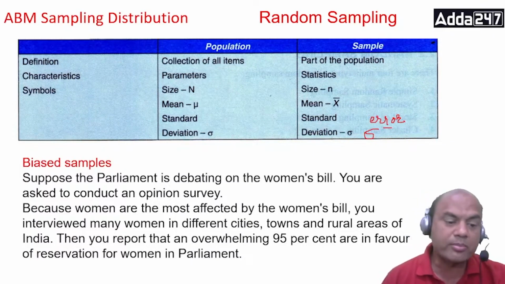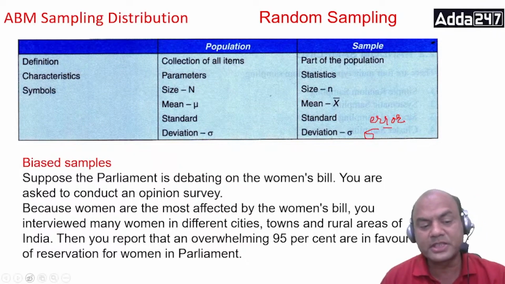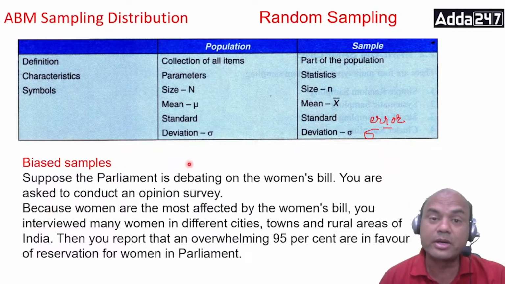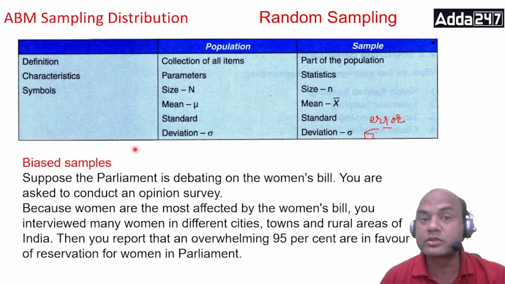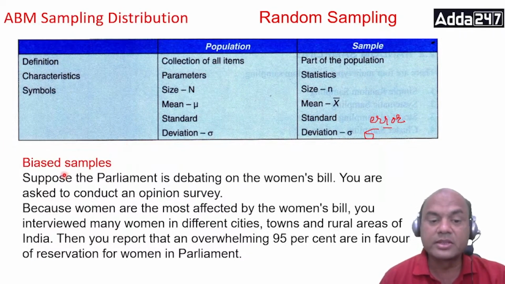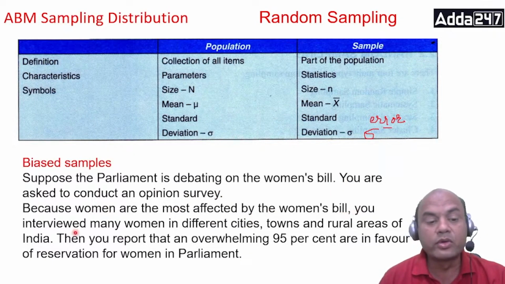Now what are biased samples? Bias means what here? We always say, this person is biased. My boss is biased. This is a general statement given by us, right? Boss is biased towards some employees. You have seen this? Suppose the parliament is debating the women's bill. You are asked to conduct an opinion survey. Because women are most affected by the women's bill, you interviewed many women in different cities, towns and rural areas of India.